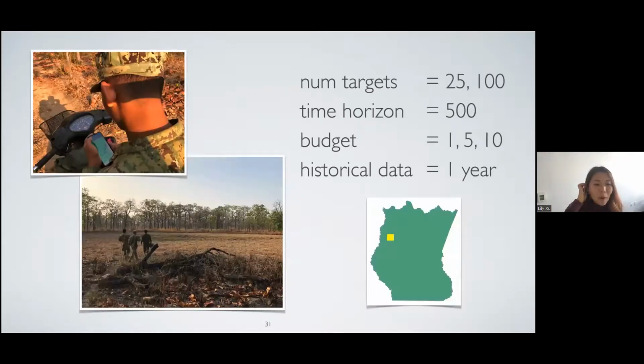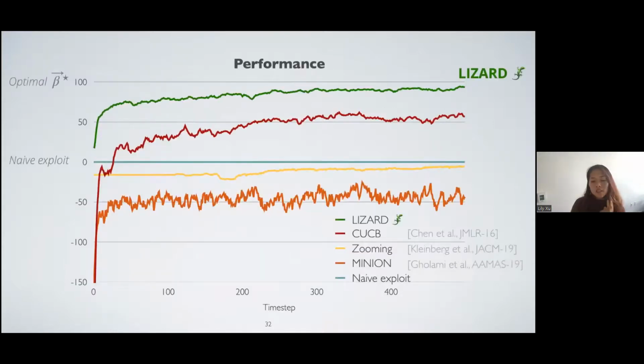And finally, we also consider the empirical performance of our algorithm for a realistic problem setting in Tree Park Wildlife Sanctuary, where we are planning over a subset of the park. Let's suppose that this yellow region is the area that is accessible from a patrol post. And using real data that we have, we compare our LIZARD algorithm to a variety of existing bandit algorithms as baselines.